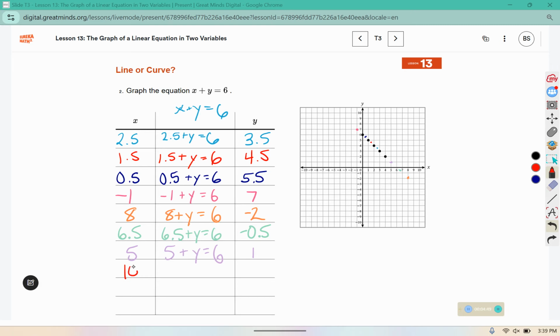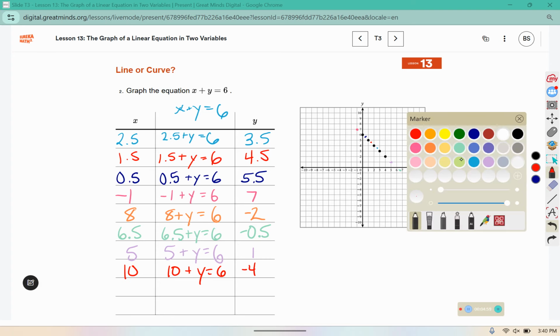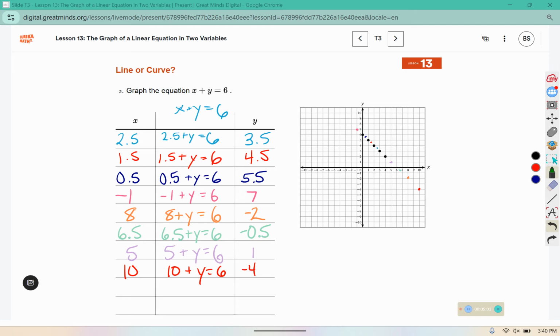We could do 10. 10 plus -4 is 6. We could do 9.25. And that would be negative 3.25 would give us 6.